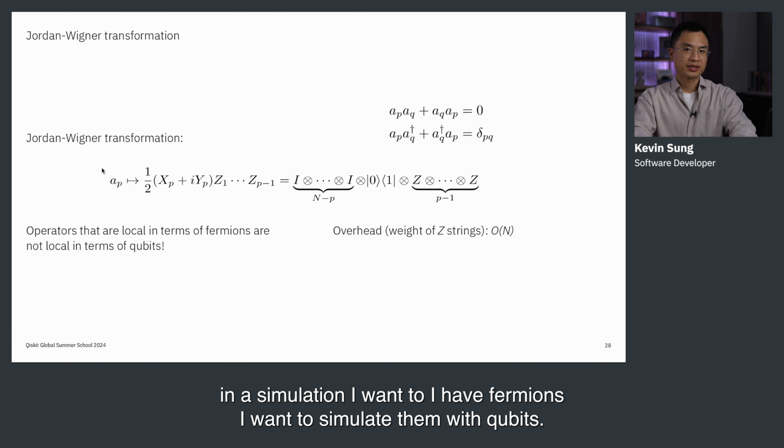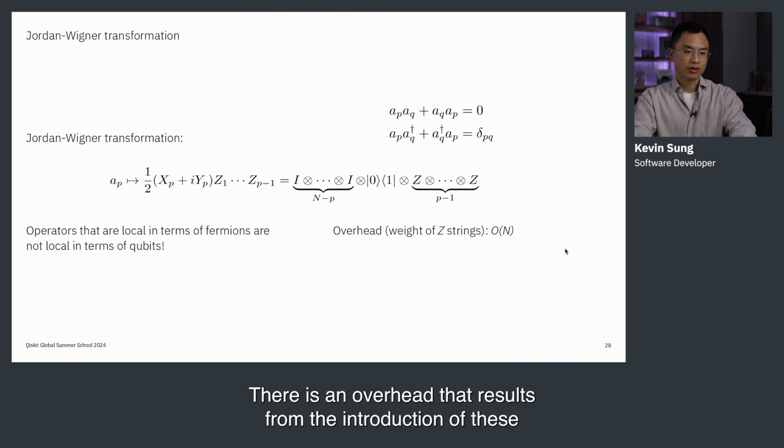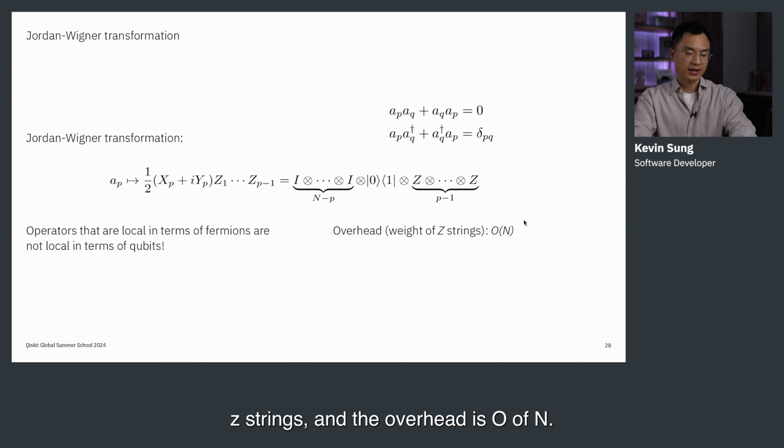I have fermions, and I want to simulate them with qubits. There's an overhead that results from the introduction of these Z strings, and the overhead is O of n. It's linear in the number of modes or the number of qubits.